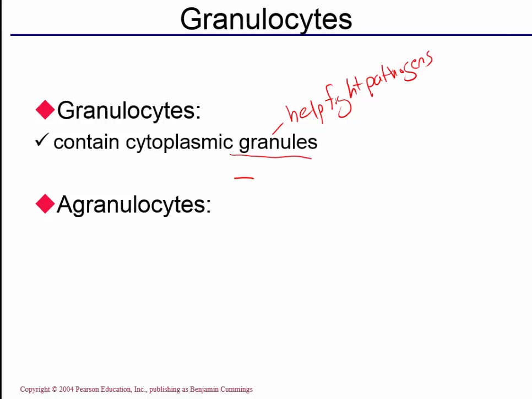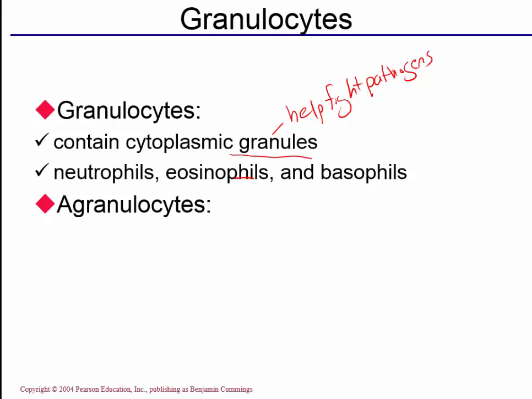Some of these chemicals stain red with an acidic stain, and some will stain blue with a basic stain. Some stain both, which is often why the granules and the cytoplasm of granulocytes look purple or violet. Neutrophils, eosinophils, and basophils make up the granulocytes.